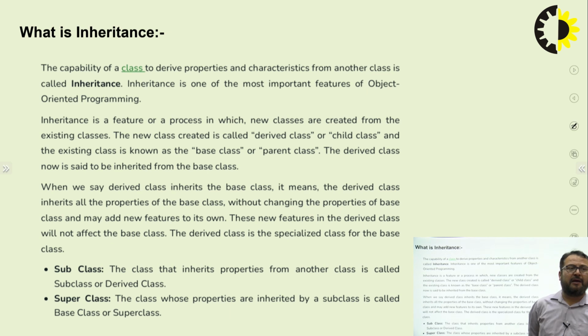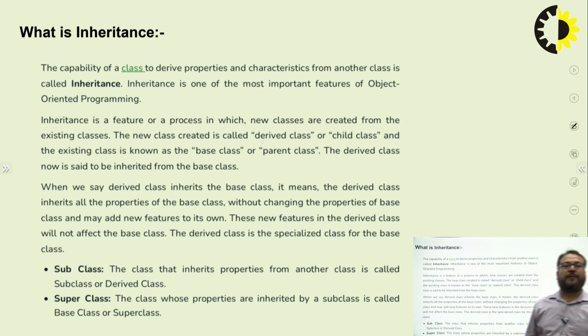When we say the derived class inherits the base class, it inherits all the properties of the base class without changing them, and may add new features of its own. These new features in the derived class will not affect the base class.